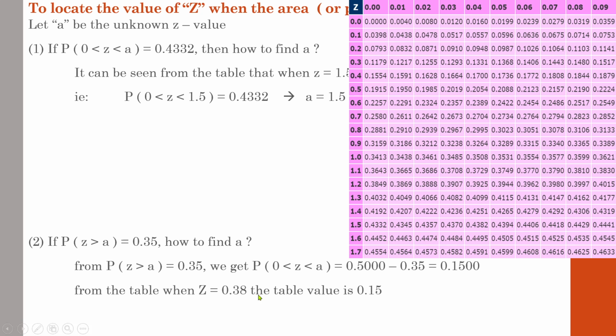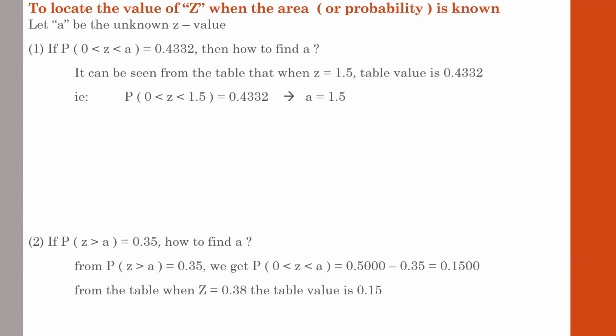So this is how you have to deal with the question or the case where you may come across a pattern in which you need to find the value or the area of that particular normal distribution case, and from that you need to find the table value. Usually the example case is like this: 1.5 will be given and you need to find this value.